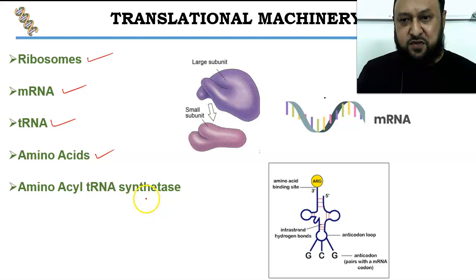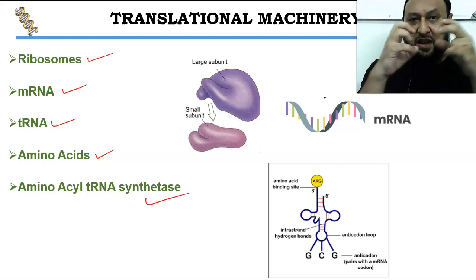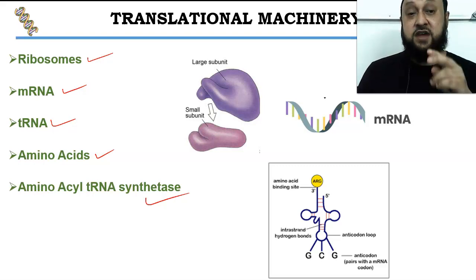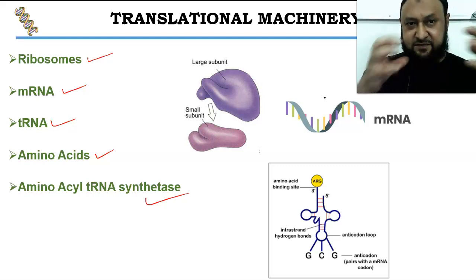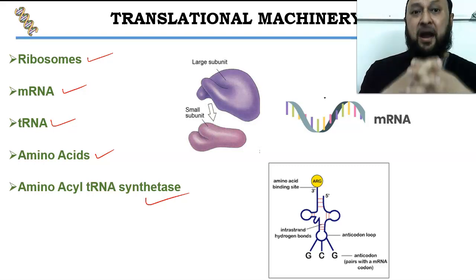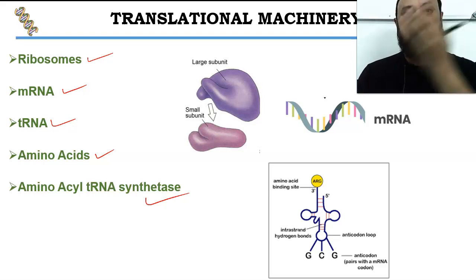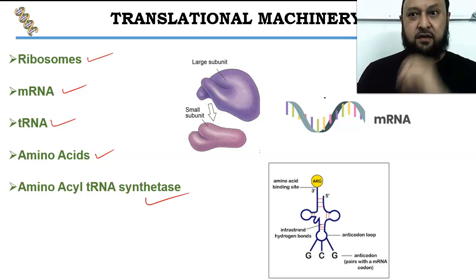And the last one also plays a very important role, because this is an enzyme that does the charging, because without charging, the amino acid will not come to the tRNA. Okay, this amino acyl tRNA synthetase is an enzyme that helps in the charging of the amino acid, helping the binding of the tRNA and amino acid, so that tRNA will bring the amino acid to the ribosome. Correct?